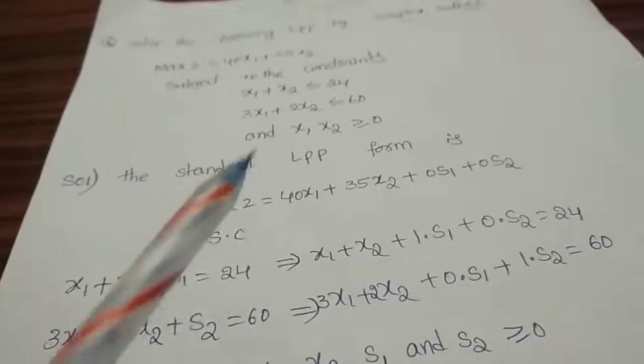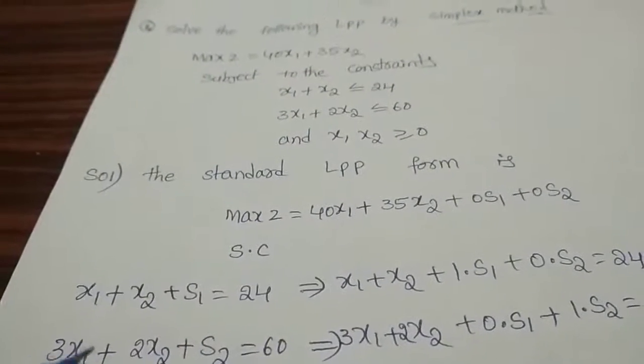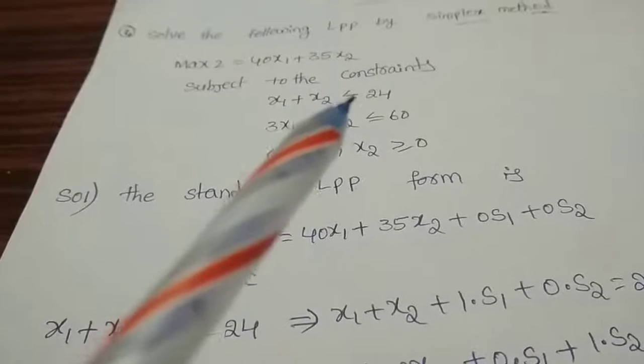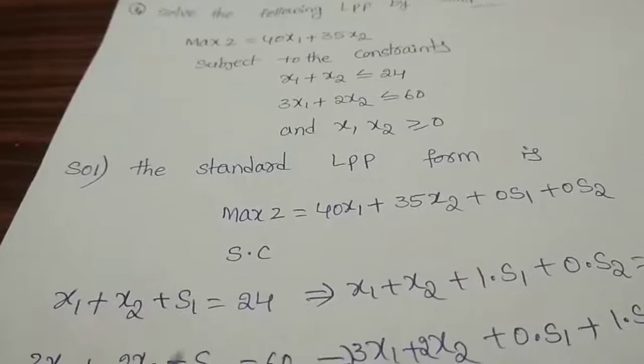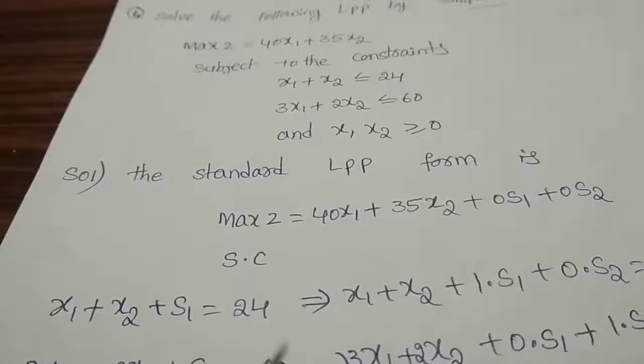Now coming to subject to the constraints. The first condition is x1 plus x2 less than or equal to 24. Converting this into standard form, we add one slack variable: x1 plus x2 plus s1 equal to 24.